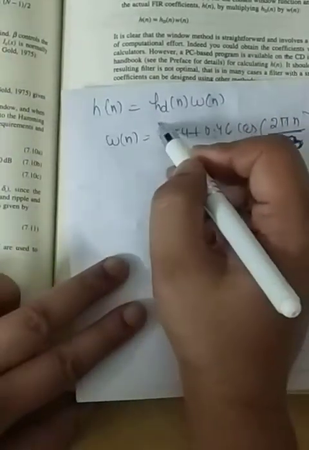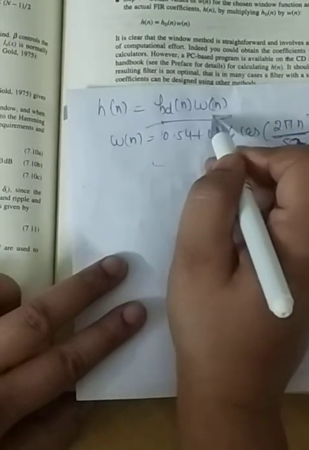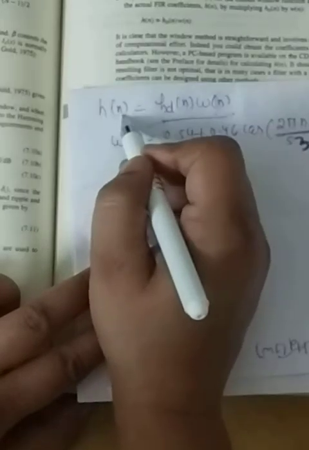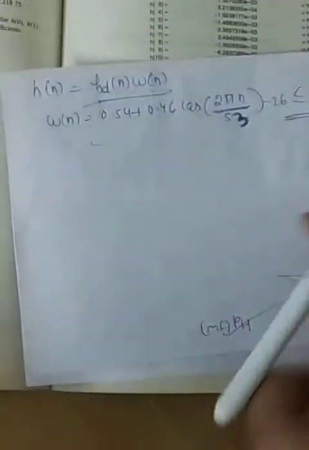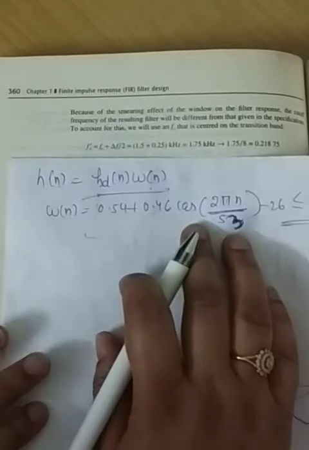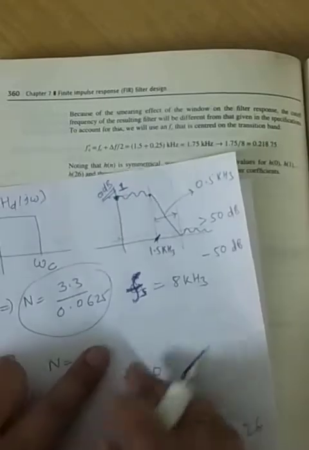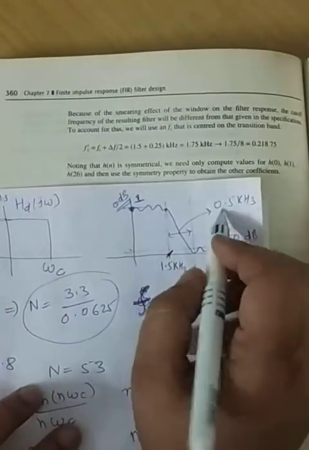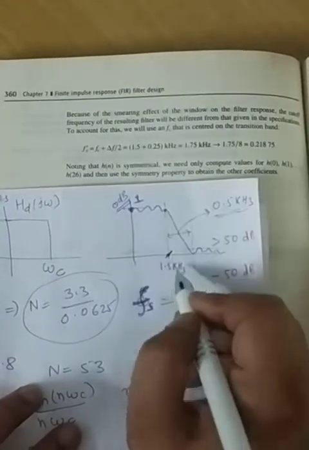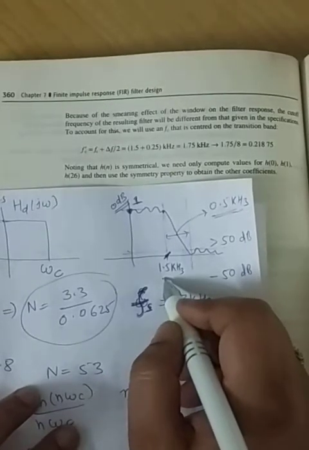The rest of the thing you have to do is multiply this to this for each and every value of n. Because of the symmetry, if you find half the values, the other half need not be calculated. But before that, as I have told you, this is a transition region, and the other specification given to you is the passband edge frequency.